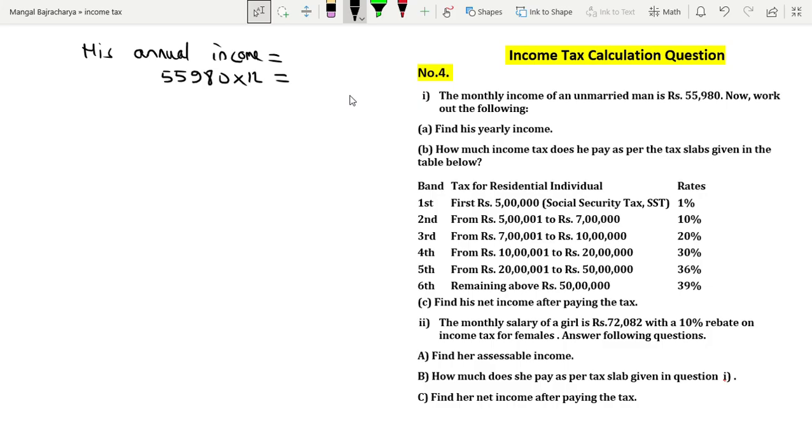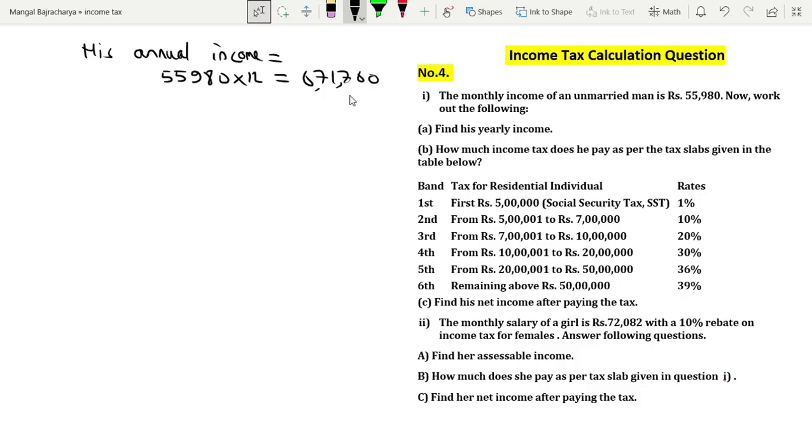So how much do we get? We write 55,980 into 12, so you get 6,71,760. This is his annual income. So that is the answer for A.